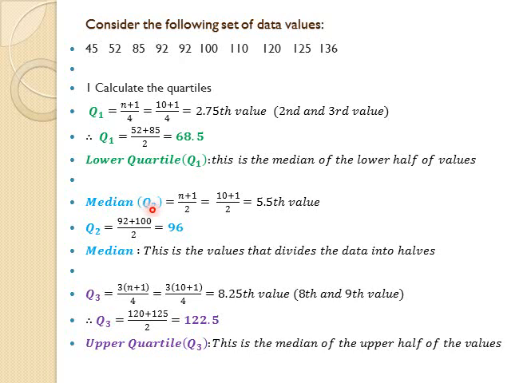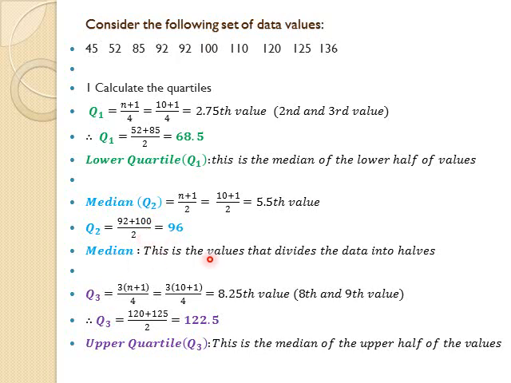Median, or quartile 2, n plus 1 divided by 2, or I could have just said 2 times n plus 1 divided by 4, but I just want half. So I have 10 values plus 1 divided by 2 gives me 5.5. So 1, 2, 3, 4, 5, 6, 5.5 means I'm going to use the fifth and sixth value. 92 plus 100 divided by 2 equals 96.